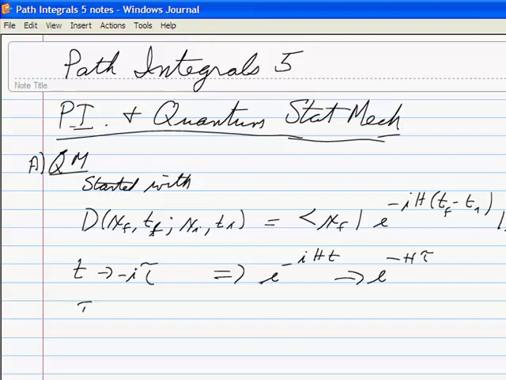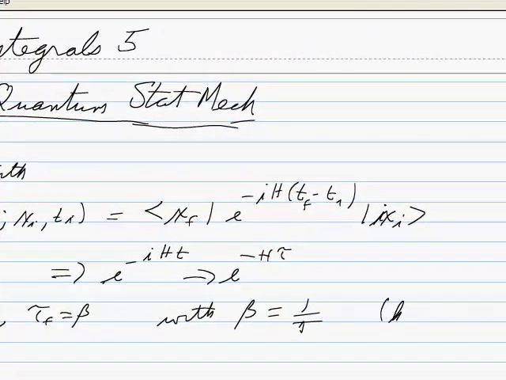And so if you take the initial time to be 0, the final time to be beta, so we're just playing with this thing, where beta is 1 over kT, or 1 over T, the Boltzmann constant is, of course, 1.